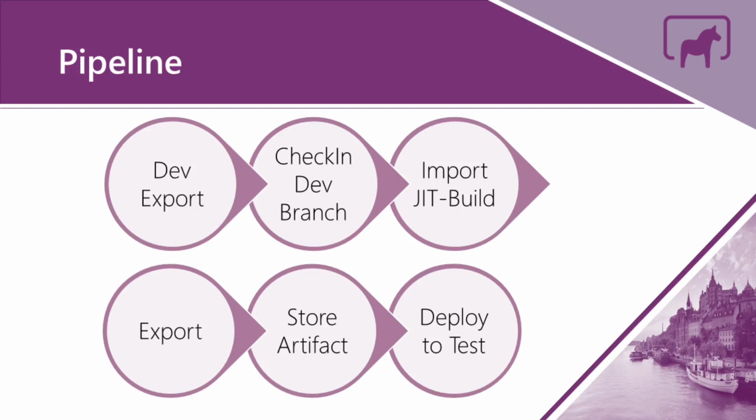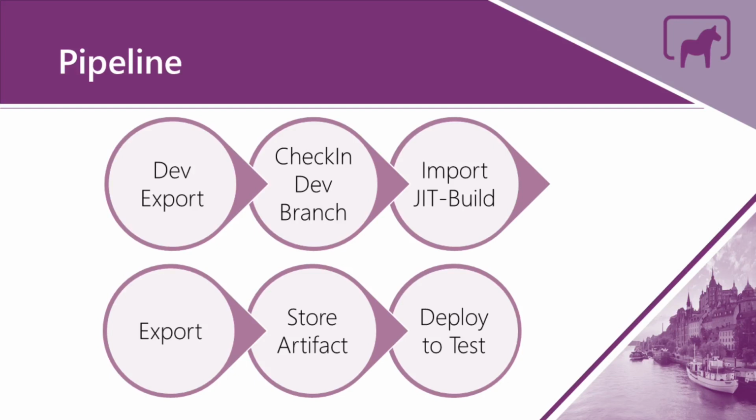So what we want to achieve is this process you can see in the video at the moment. First of all, we want to export our unmanaged solution from dev. We want to unpack it, save it in our source control. After that, we want to pack it again, deploy it to our JIT build environment, which is a just-in-time build environment.